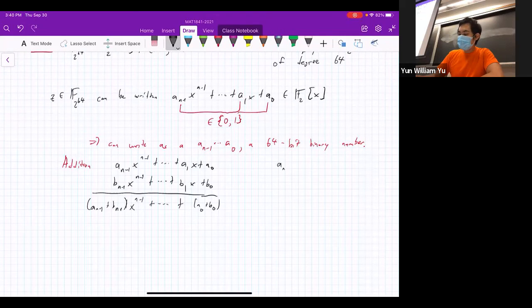So that is also equivalent to taking a_{n-1} through a naught and b_{n-1} through b naught, and just doing the XOR operation on each of these bits.